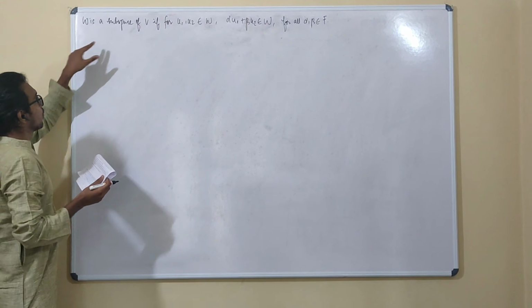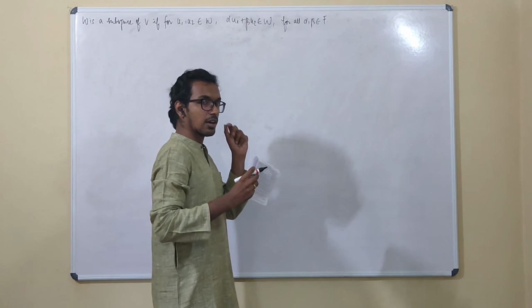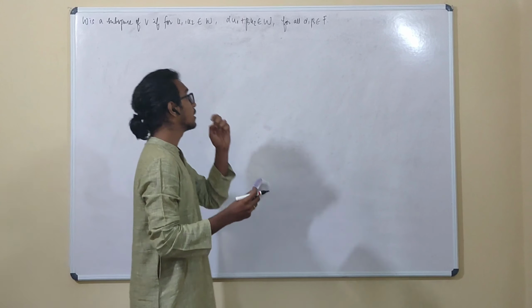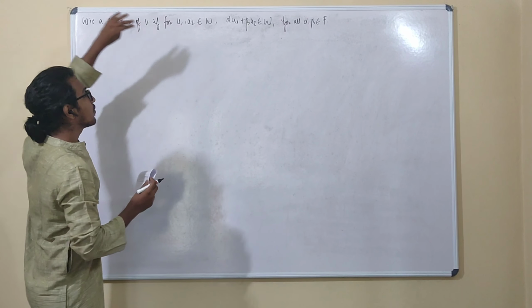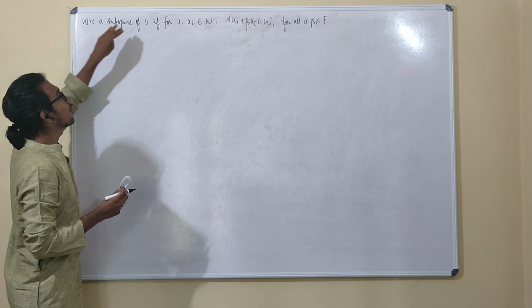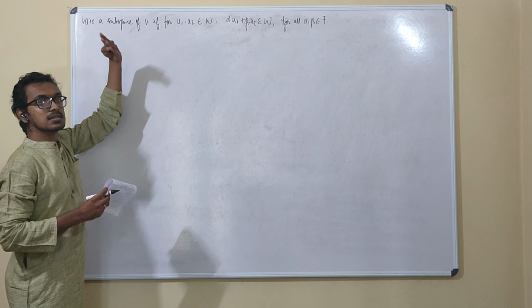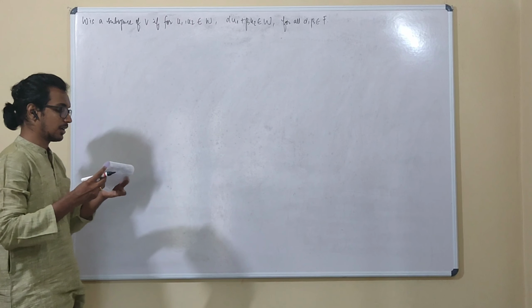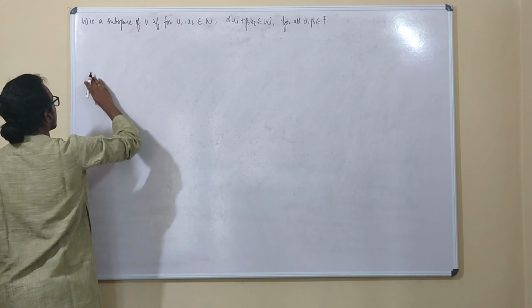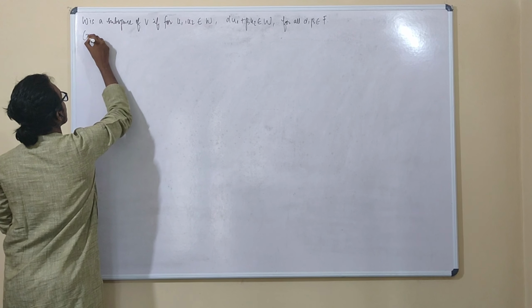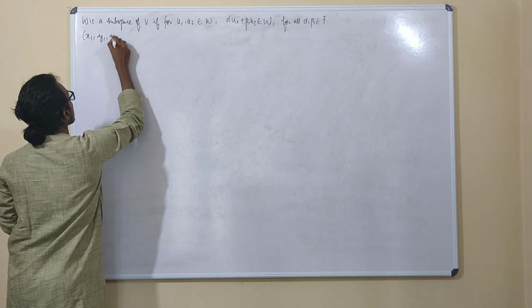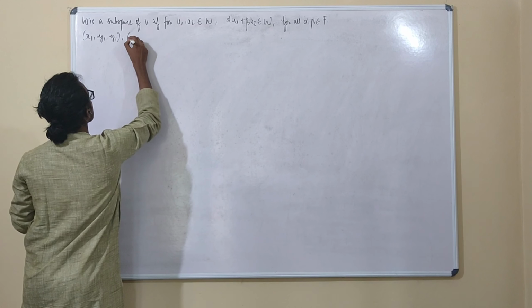If we are talking about a vector space, then of course it must have a field associated with it. Over the same field, we call the subset of this vector space a subspace if this condition is satisfied. Here we'll consider two arbitrary entries from the set.